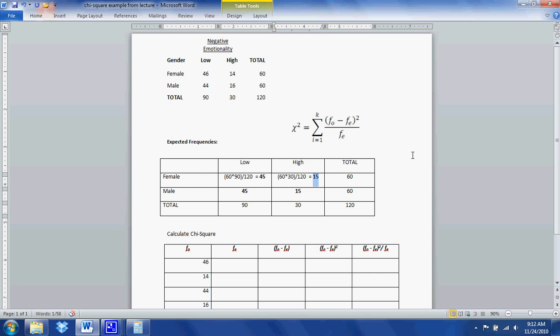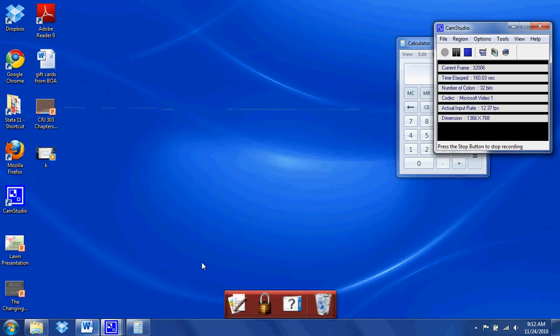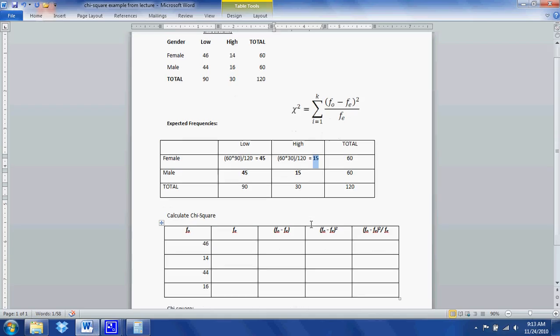So now what we need to do, let me just check on this recording business. It seems to be going. So now what we need to do is take our observed frequencies and subtract each of the corresponding expected frequencies. When I do this, I like to do it in a table form rather than trying to go this one minus this one is equal to something.